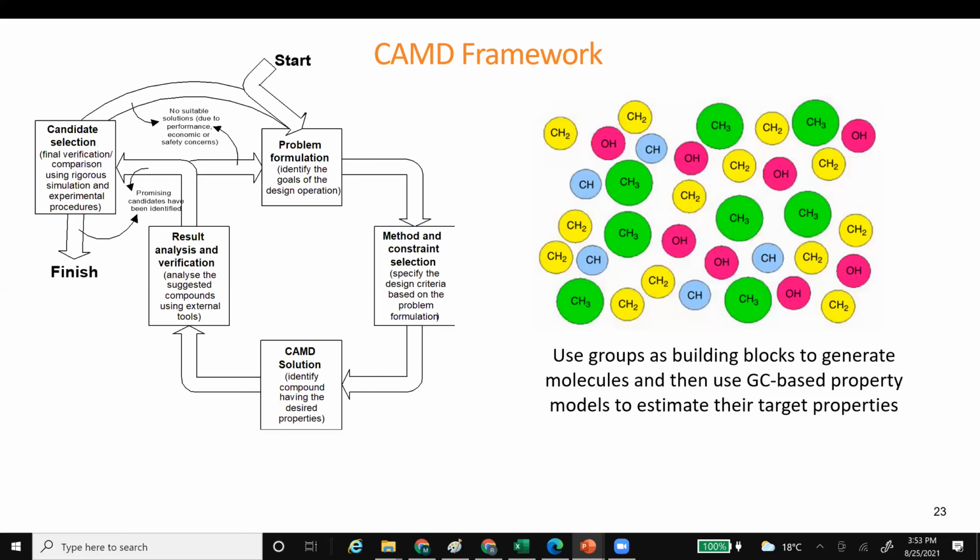So we convert this description of the problem into a mathematical description with models, constraints, and equations. And then we solve the CMD problem, that is, generate the molecules with the groups, and then use the group contribution kind of property models as the first step to calculate the properties. And once we have calculated the first set of properties, all the others can be calculated from the primary properties.